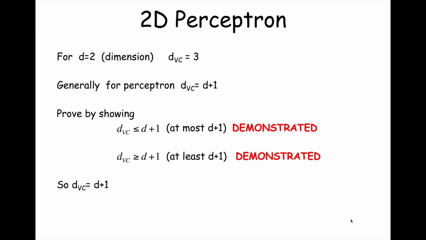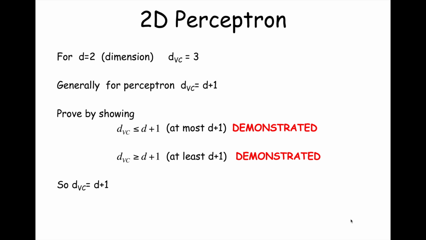We've shown the VC dimension is at least d plus 1, where d is the dimensionality of the original input representation, and at most d plus 1, so equality holds. The VC dimension is exactly d plus 1. Does that make sense? Any questions?